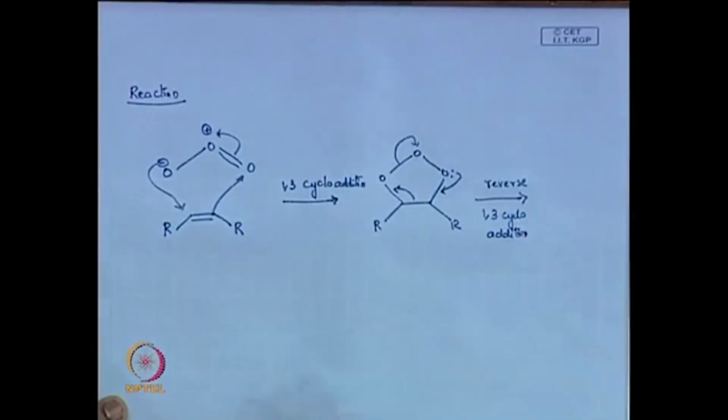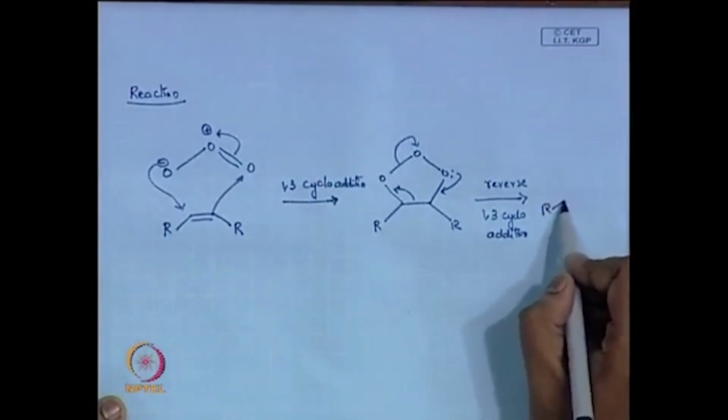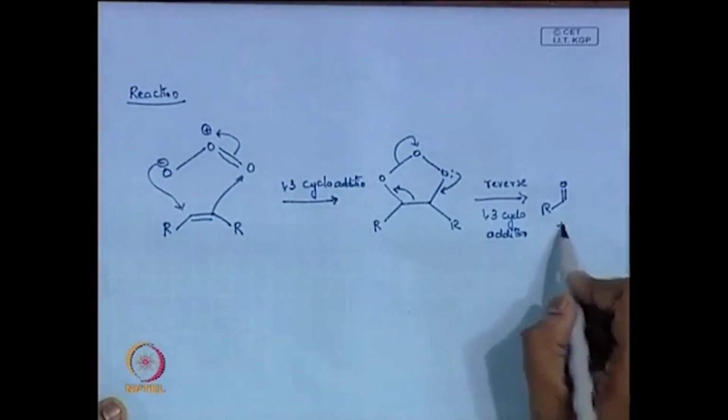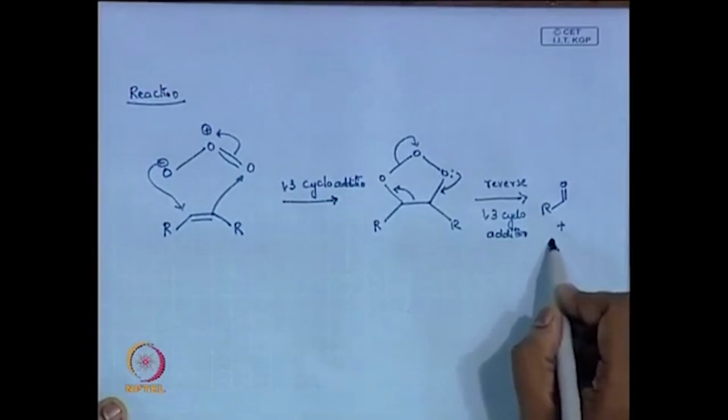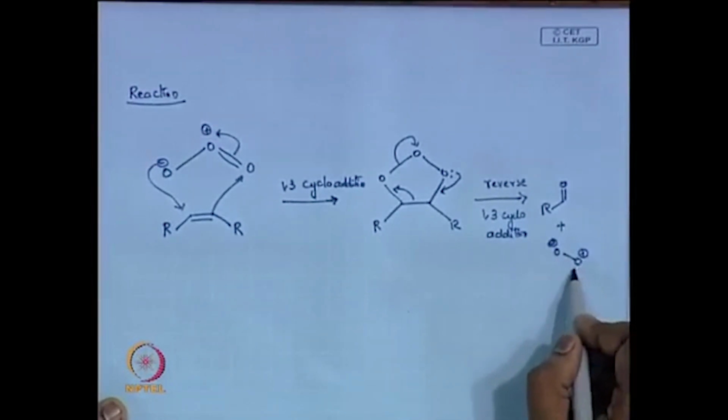Very important. Once you get the reverse cycloaddition, what will you get? You get an R carbonyl, plus you will get O minus O plus carbonyl.